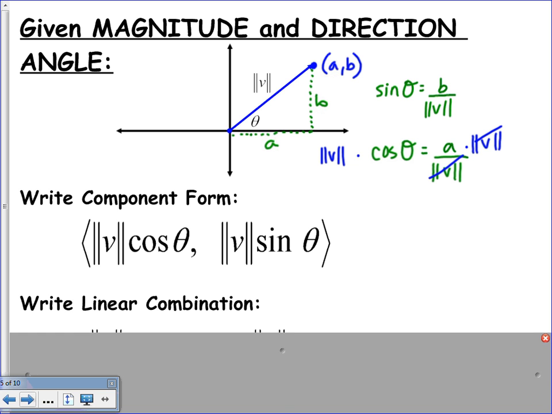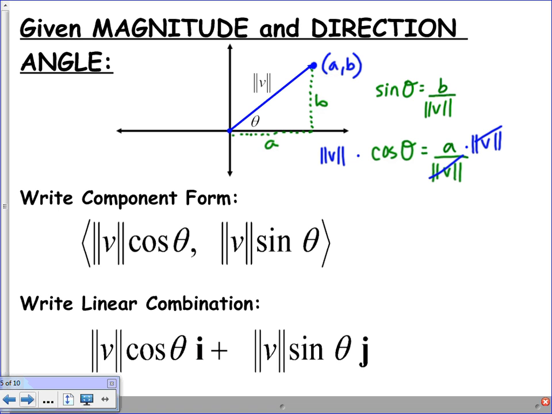If we replace A and B with what we just wrote down for our component form, it would be the magnitude of v times the cosine of theta, remember that's just A, times i, the standard unit vector in the horizontal direction, plus the magnitude of v times the sine of theta times j, which is our vertical component. So we're going to be seeing that trig value come back into play. Now let's see how we can apply that to different problems.